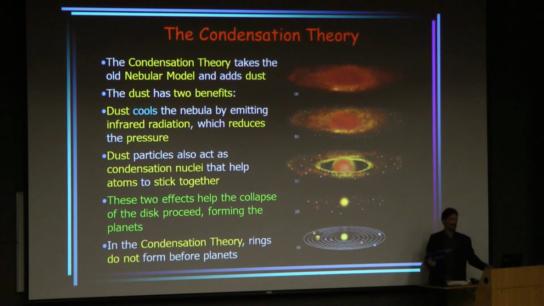And through a process we call accretion, smaller things get stuck to larger things, and essentially all the material in the gas is swept up. And in the condensation theory, we don't form rings, but we do form planets this way.